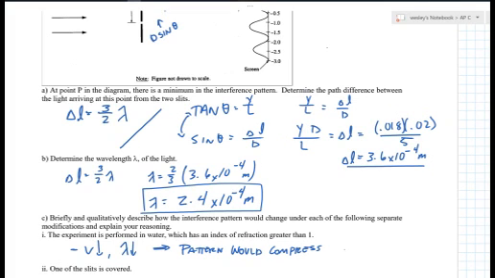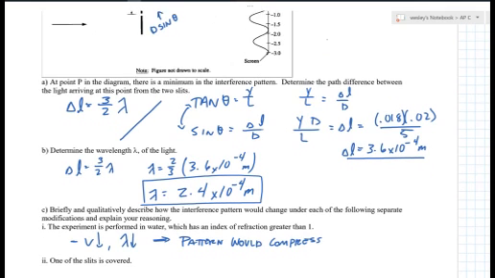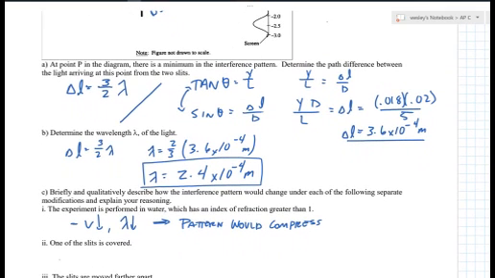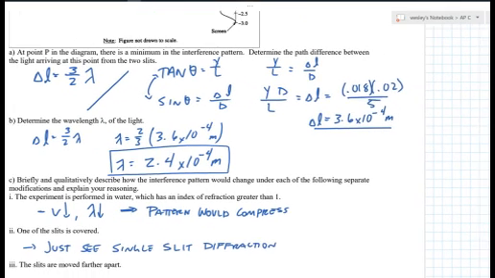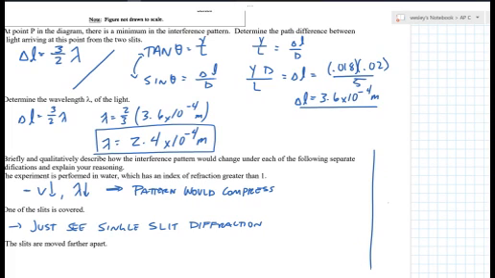The Y's get smaller, so they get closer and closer together. If we cover one of the slits, we just see single slit diffraction. And when we get that, there is one really big central maximum and then two smaller ones out to the side.